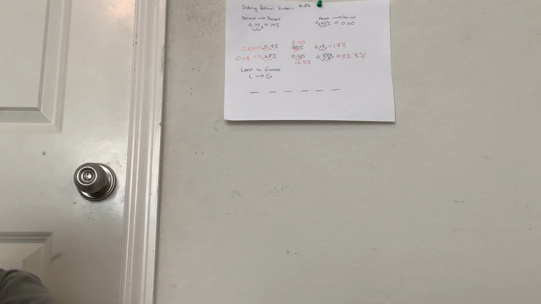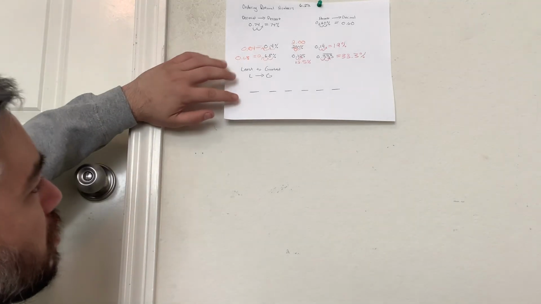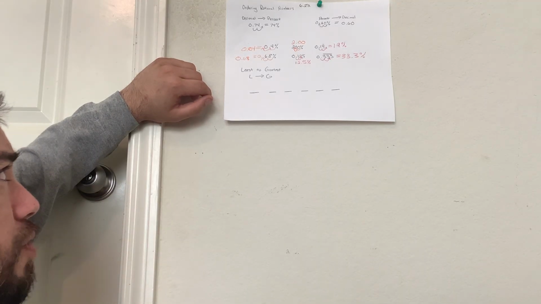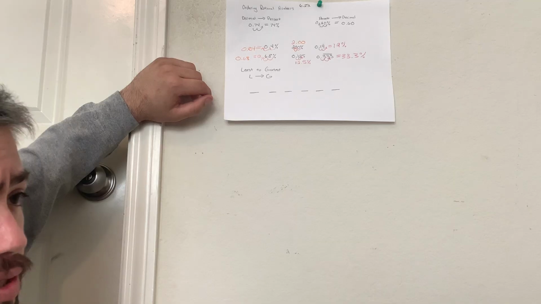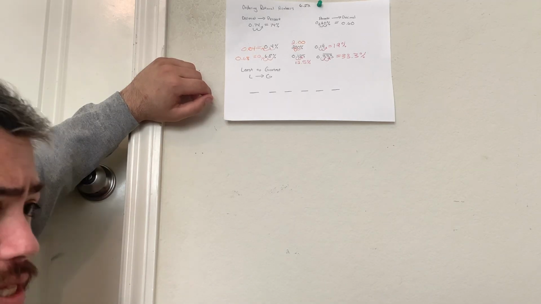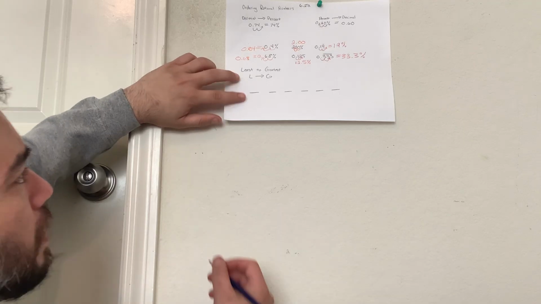So 4 cents is literally just 4 pennies. That's going to be our smallest one. I'm going to write our answers, ordering these rational numbers from least to greatest, as both a decimal and a percent. So you can see that these are equivalent numbers, okay?